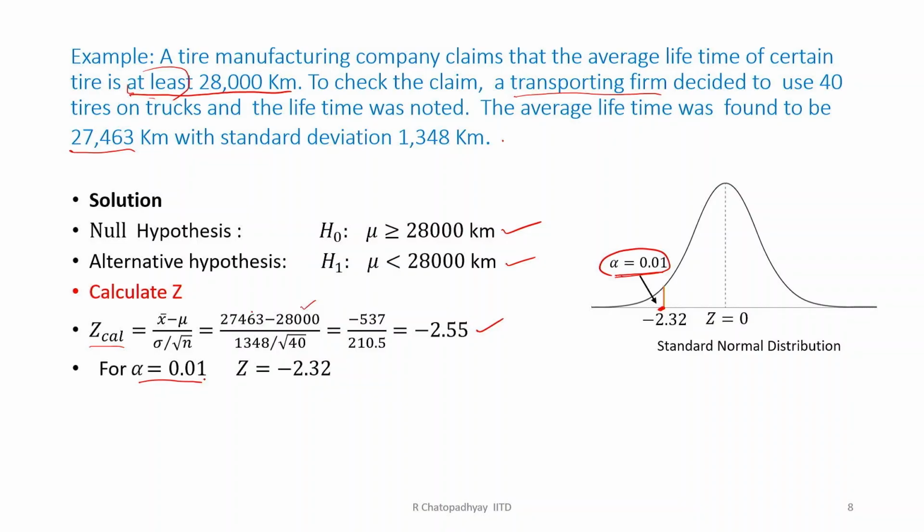So, if the level of significance is given, it should be written here: level of significance is 1%. Then at 1%, what is the value of Z? We need to consult the Z table, and we get a figure 2.32, which is here. Now, is the calculated value of Z coming more than this or less than this?